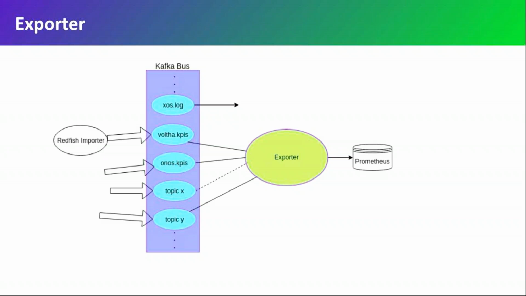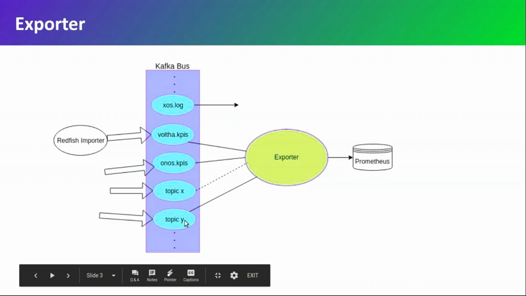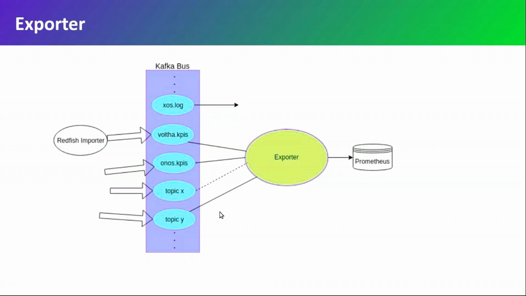In this diagram I'm thinking of expanding this to support multiple topics. Currently VOLTHA KPIs and onos KPIs are the two, and I could have topic X, topic Y, or any number of topics. Currently the exporter doesn't directly support this, so we need to add functionality.